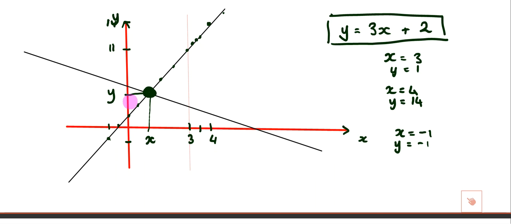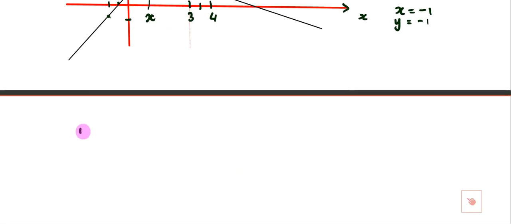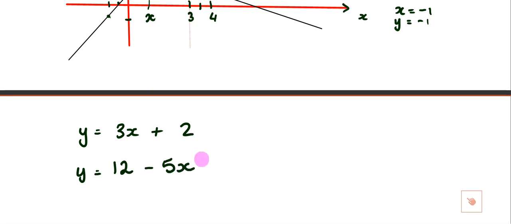What does that mean? If I said to you, I've got y equals 3x plus 2 and y equals 12 minus 5x, they should cross, right? This one starts at 2 and goes up, this one starts at 12 and comes down. They will cross just once.